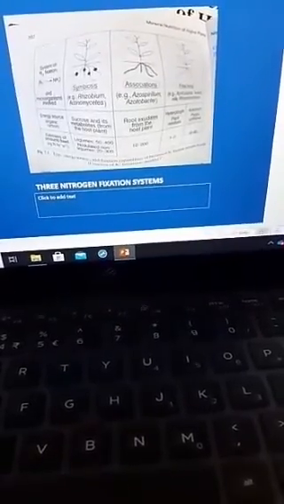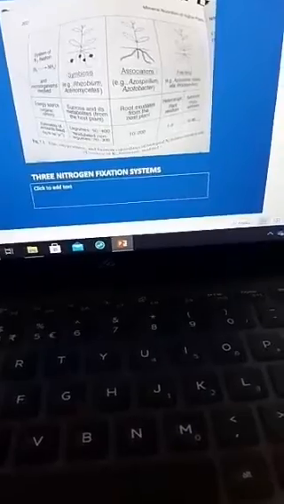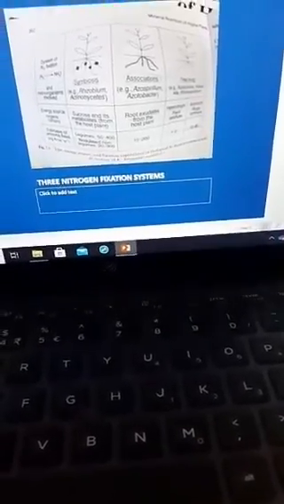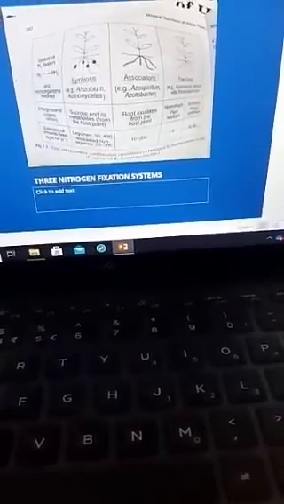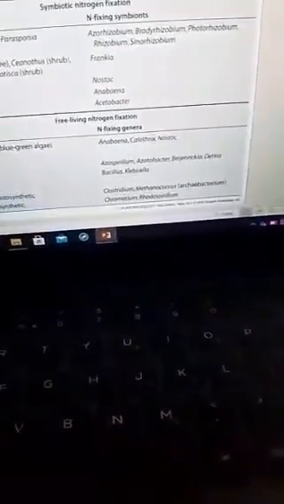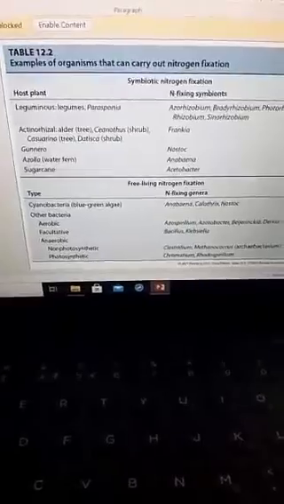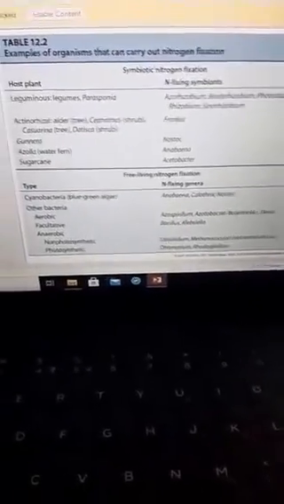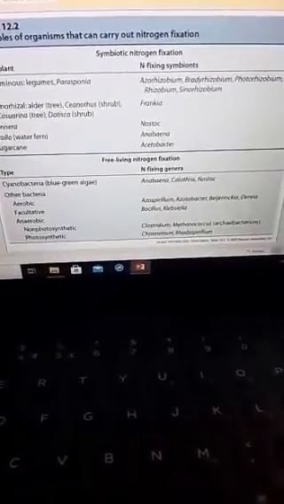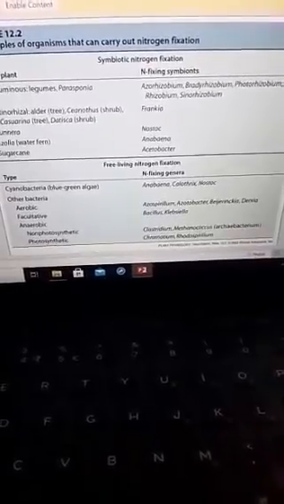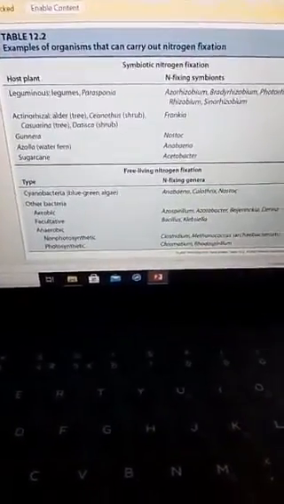So you can also go through this table with nice illustrations just to help you to understand these three different systems. This slide is just showing you different associations, what type of plant, what type of bacteria forms an association with that particular plant.